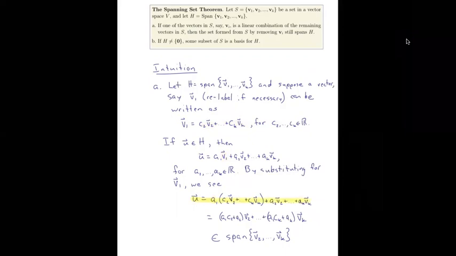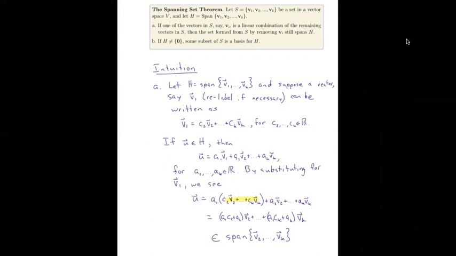So I'm free to omit V1 from my set S, and I can have the span H be equal to the span of V2 through Vk, and I can still generate everything I could as I would have with V1 through Vk instead of V2 through Vk, because I don't need V1 because I can generate it with V2 through Vk.